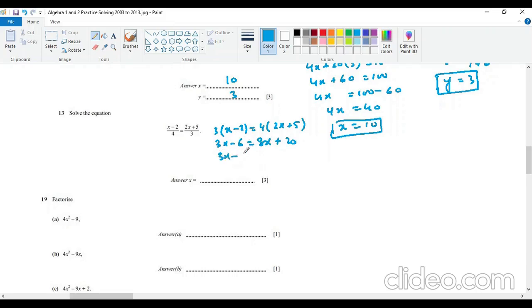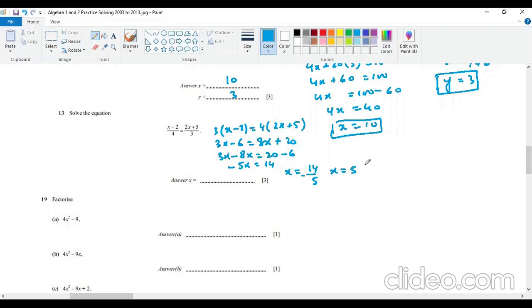Minus 8x equals 20 minus 6. That means minus 5x, and here 20 minus 6 is going to give you 14.